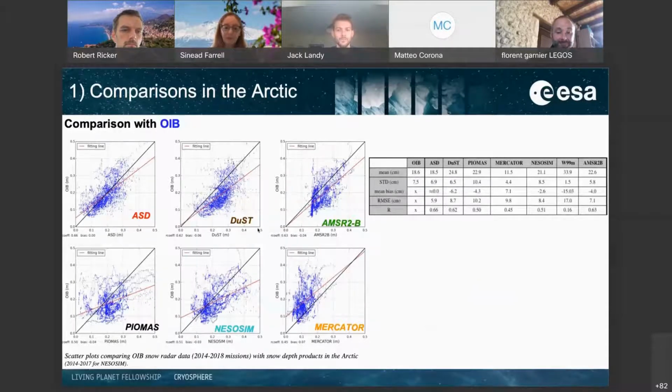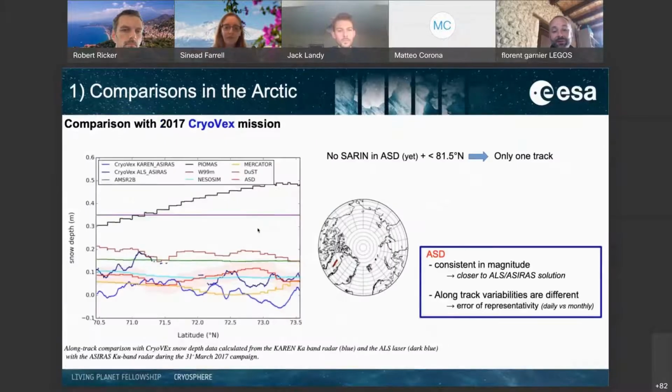We have also looked at the 2017 CryoVex mission, where the snow depth is evaluated from a radar altimeter in blue and a laser altimeter in dark blue. Unfortunately, mainly because of the Saral orbit limitation to 81.5 degrees in latitude and the absence of the SARIN mode in our data, we've only been able to look at one track, which is located in the Baffin Bay.